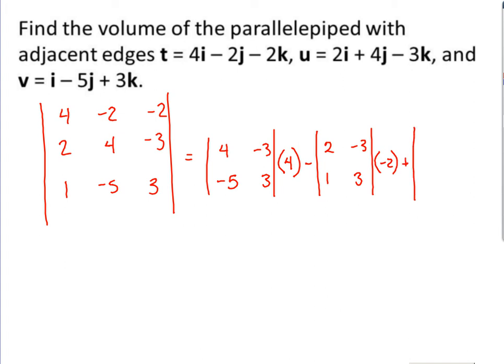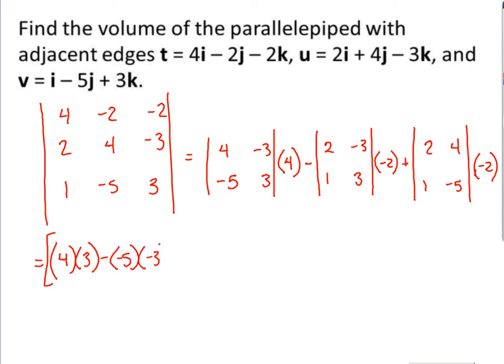Plus, we're going to use that second negative 2 now at the top, or the third column. So we're going to ignore that third column. We're going to have 2, 4, 1, and negative 5. And we're going to multiply that all by that negative 2 that is on top. Again, we're finding the determinant. So we're going to do 4 times 3 minus negative 5 times negative 3.